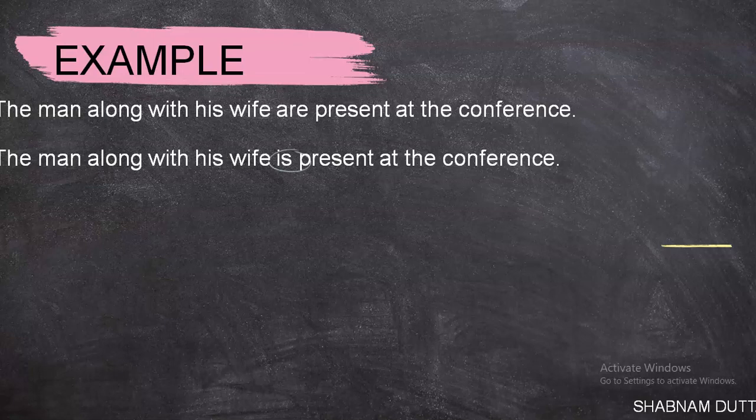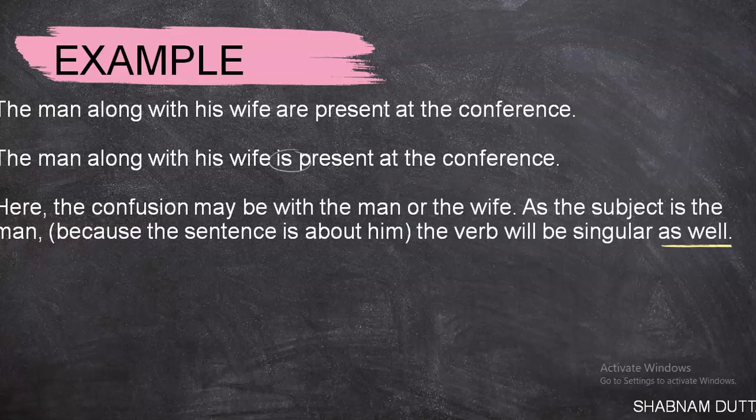The correct choice of helping verb here will be "is," as the sentence is about the man, a singular noun. Clear? Now I hope that you have some clarity about how to use subject-verb agreement thoughtfully while writing in English.